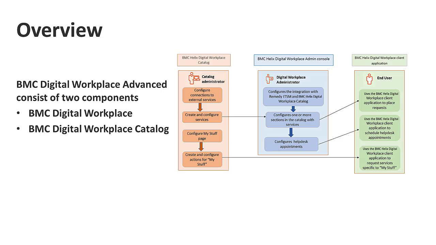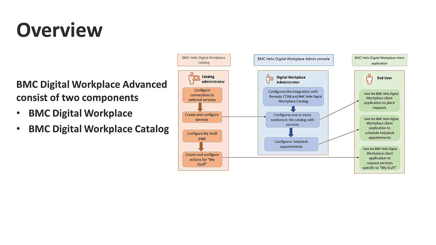BMC sells the BMC Digital Workplace solution as either BMC Digital Workplace Basic or Advanced. BMC Digital Workplace Advanced consists of two components: BMC Digital Workplace and BMC Digital Workplace Catalog. In short, it is a solution suite with two components to install.